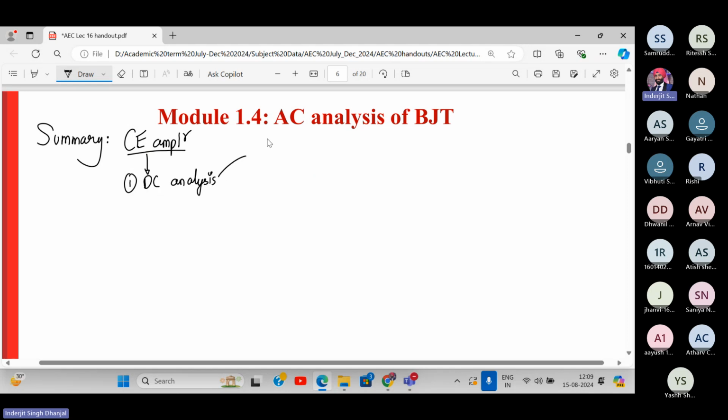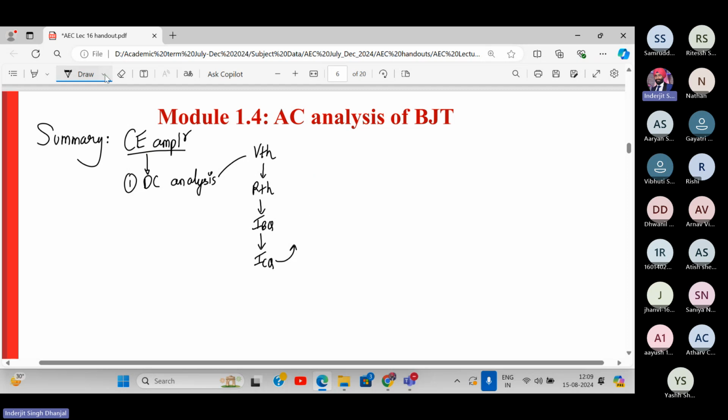From the DC analysis, you find out VTH first. Then next is RTH. Next will be IBQ followed by ICQ. Then you find out VCQ, which is not necessary. So you found out ICQ, right?